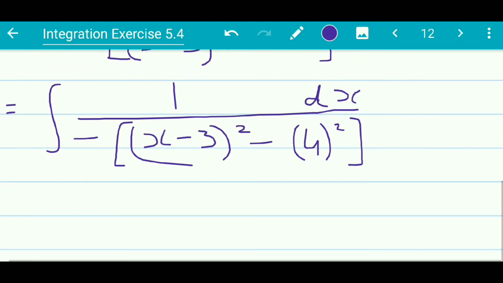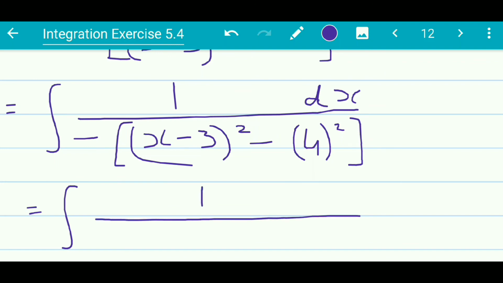So now when we open the bracket, it becomes like this, that is 1 upon. Now opening the bracket, the positive term becomes negative. So this term was positive inside the bracket, it becomes negative, and so we write it over here as the second term: minus x minus 3 the whole square.